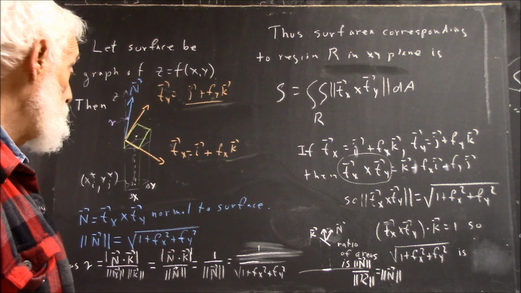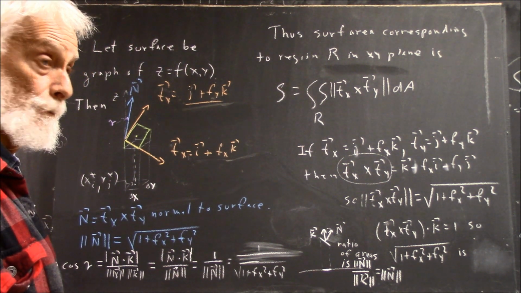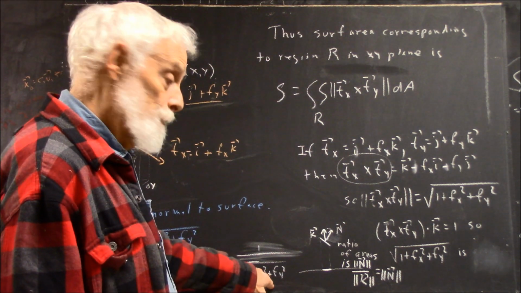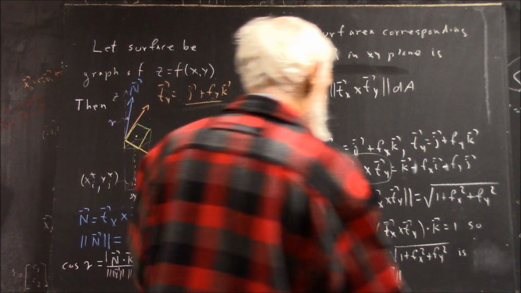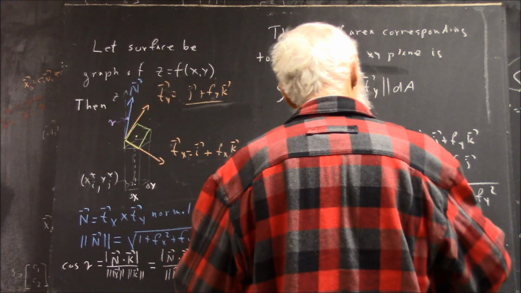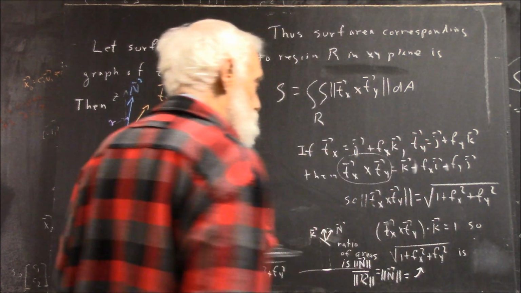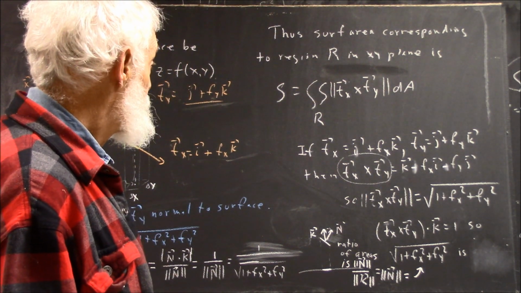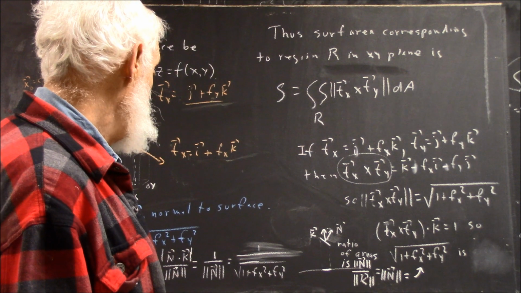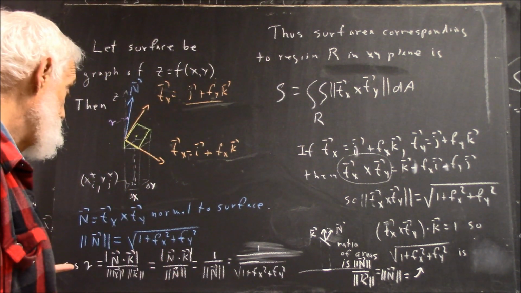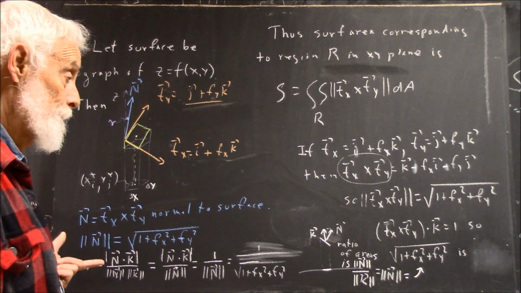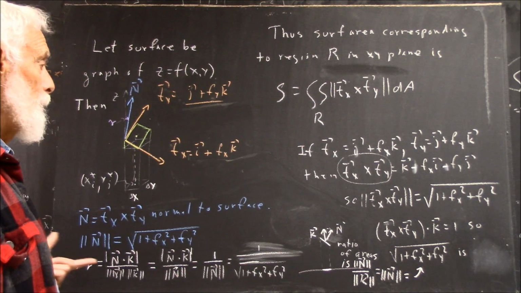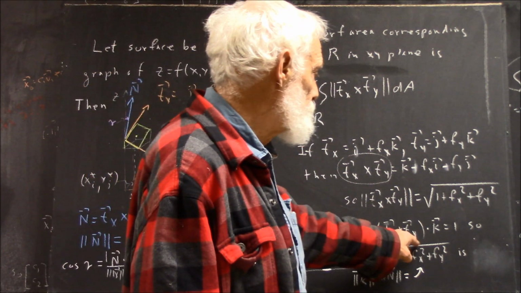And what's the magnitude of N? Square root of 1 plus fx squared plus fy squared. It's equal to this, right? And that is what? That's just the magnitude of Tx cross Ty.